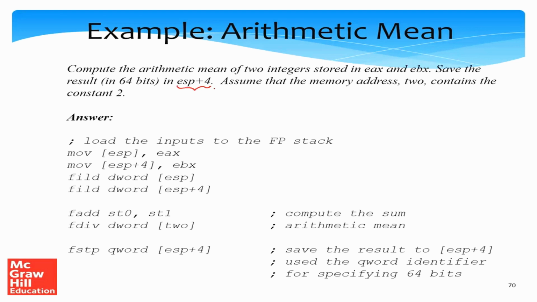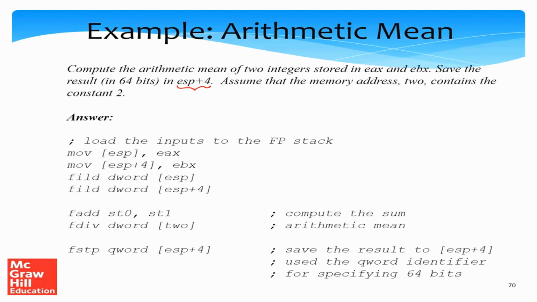So basically loading values into floating point registers is complicated, loading constants particularly. So they need to be saved in some memory location, and the contents of that memory location need to be transferred to the floating point stack. So let's do one thing. Let's first start by loading the inputs to the floating point stack.